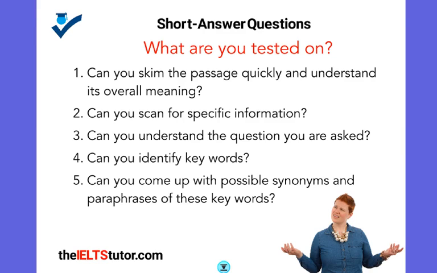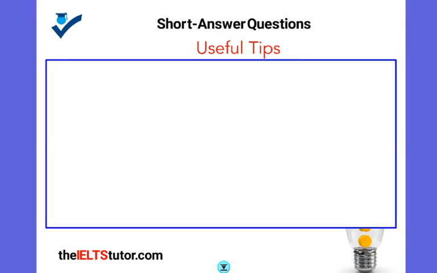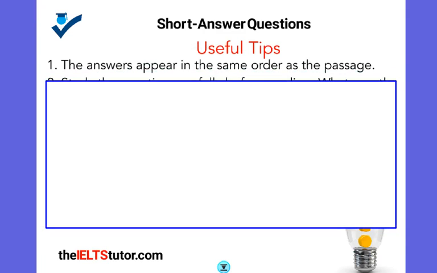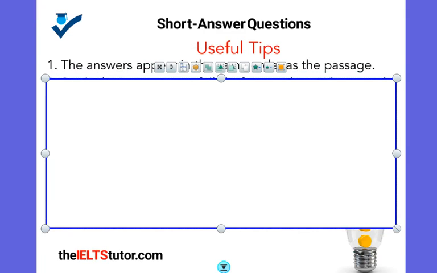Okay, so let's take a look at some important tips that you need to be aware of when you are doing this type of question. First of all, be aware that the answers you need to look out for appear in the same order as in the text. So, for example, question number 1, your answer could possibly be found earlier on in the text, maybe the first 2 paragraphs in the passage.